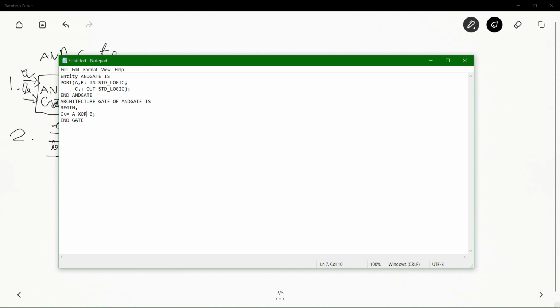We can simply write A XOR B out here. Whatever we are writing here, the compiler is taking my A input and my B input, doing this operation, whatever we are giving, and that output is assigned to my C variable, right? After writing my architecture steps.